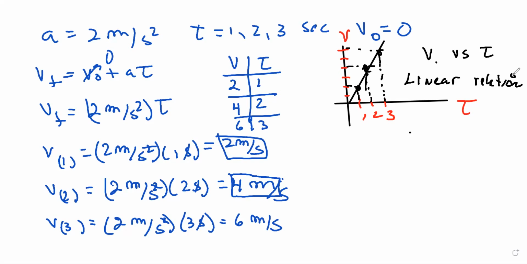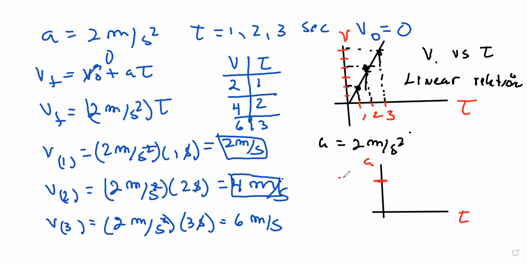Okay, and let's do it for acceleration, but acceleration is going to be equal to 2 meters per second squared all the time. So that graph is going to look like this. We're going to do that graph here. So we have time against acceleration.